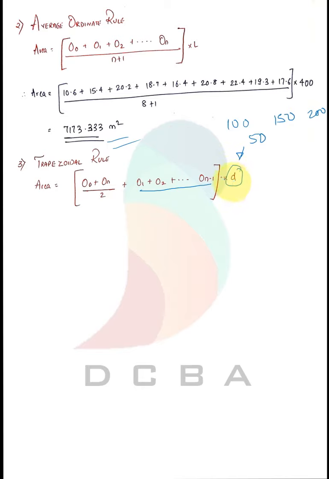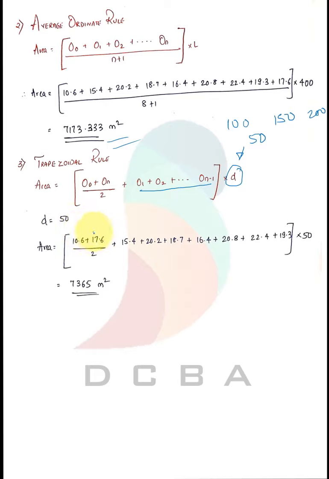That d is going to be multiplied here, and this is the general formula for the trapezoidal rule. So O0 and ON you can find from the question. You just have to take the average of the first and last ordinate, and then add all the other ordinates remaining till n minus 1. Now that gives you the area of 7365 meters square.